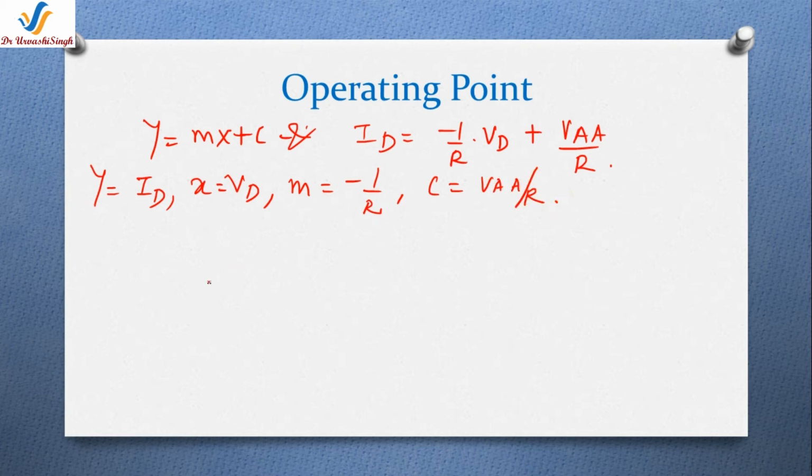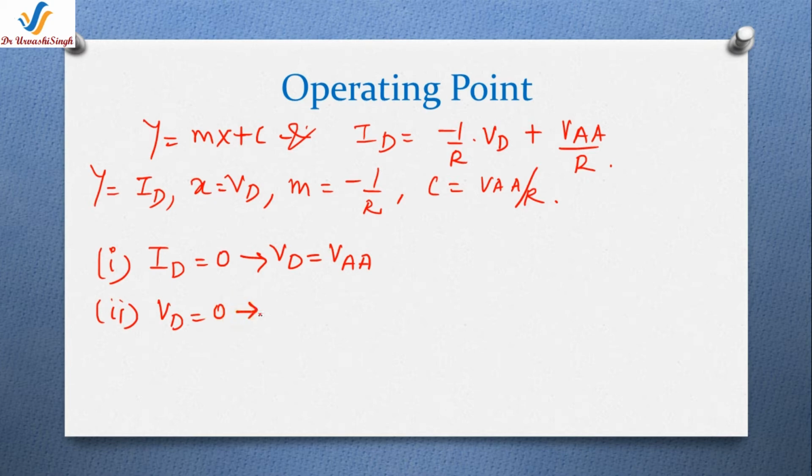Now let's see the two boundary conditions which we require to draw the load line. The first boundary condition is when ID is equal to 0, the diode voltage is the DC voltage. And the second point is when the diode voltage is 0, then the diode current is given by the DC voltage upon resistance.